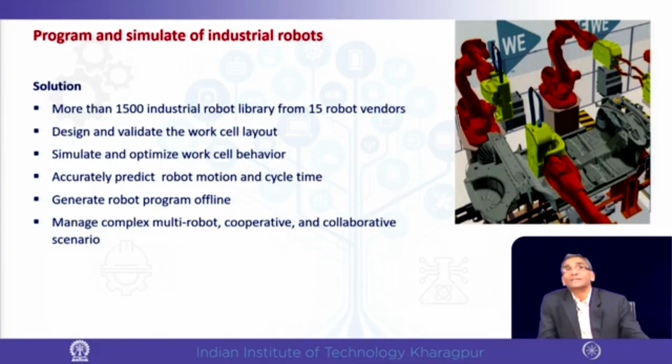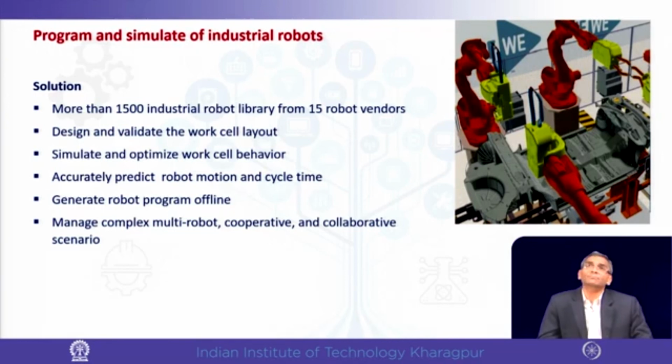Design and validate the work cell layout, simulate and optimize work cell behavior, accurately predict robot motion and cycle time, generate robot program offline, manage complex multi-robot cooperative and collaborative scenarios. So, this complex system also receives aid from such software.